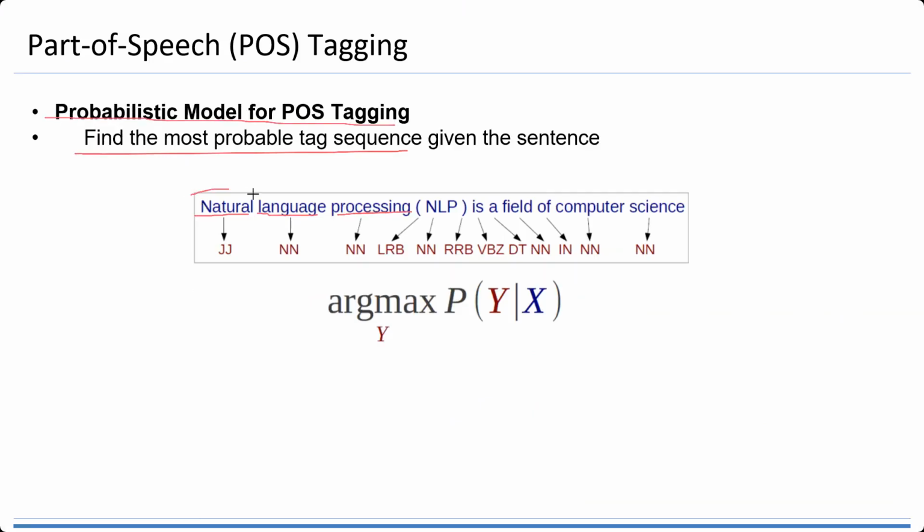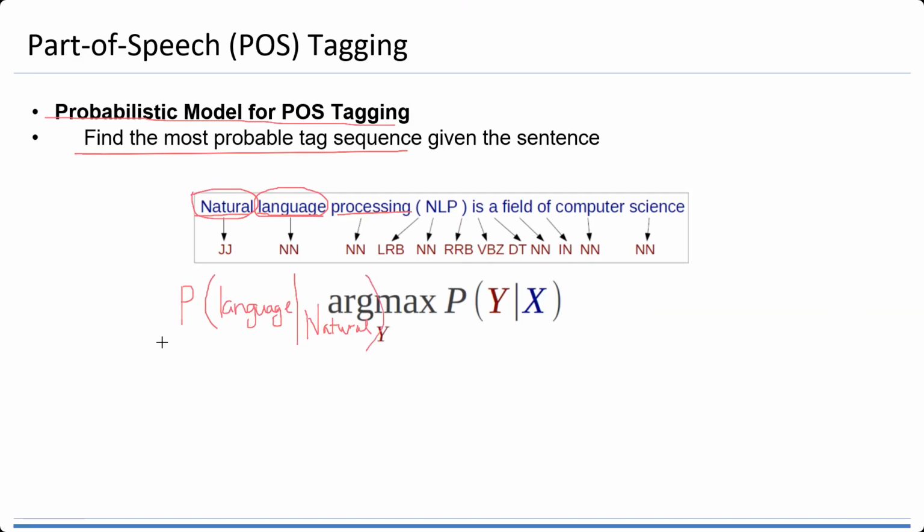If the word natural is followed by language, we want to check what is the probability of the word language when the first word is natural.